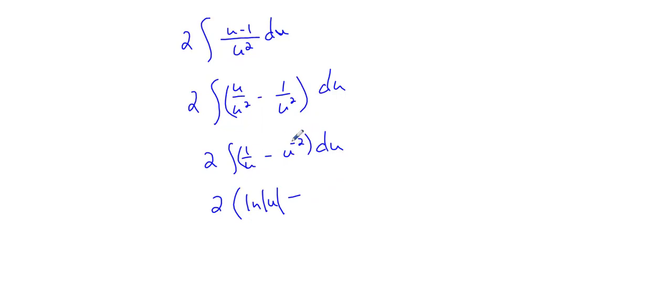Minus, okay, this is a normal anti-differentiation using your power rule. Add 1, divide by the new power. Dividing by negative 1 is the same thing as multiplying by negative 1, isn't it?